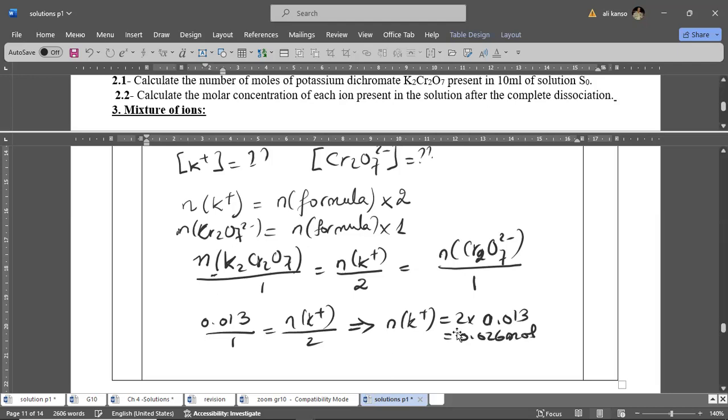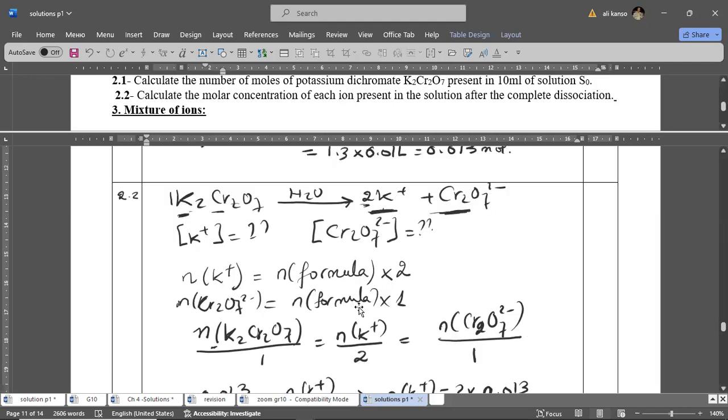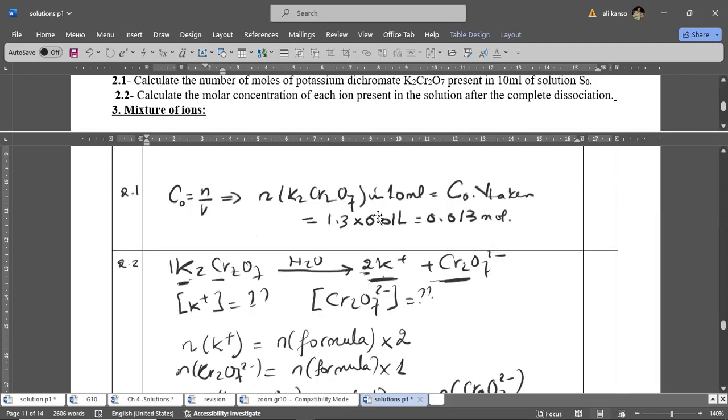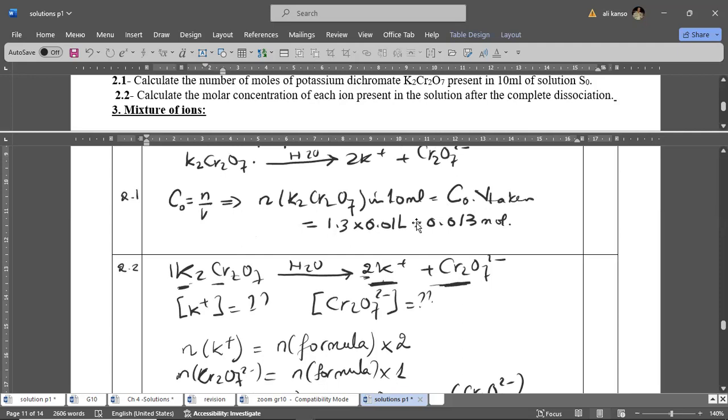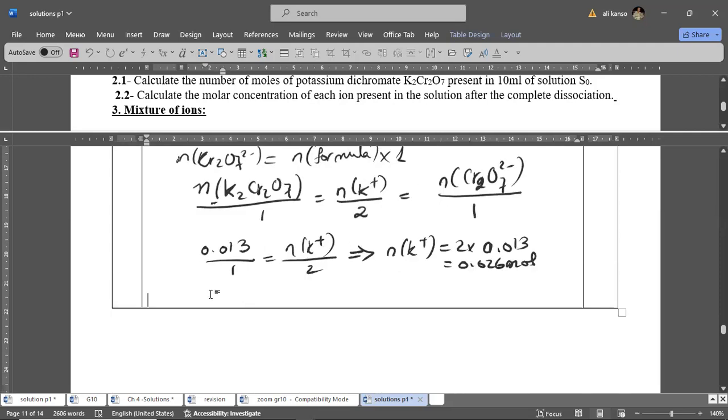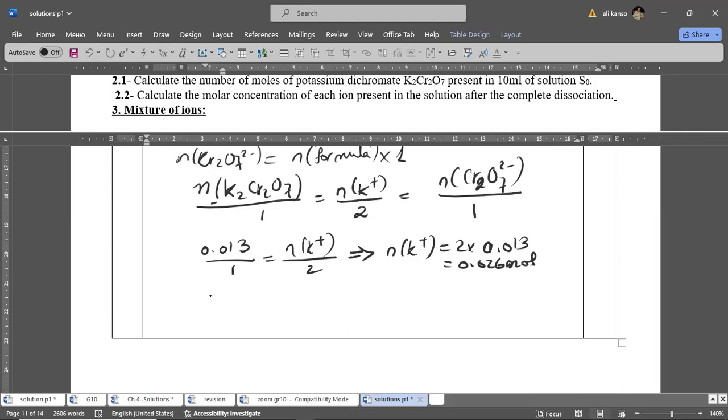Then you have to divide this answer by the 10 milliliter volume. [K+] equals the number of mole of K+ divided by the volume taken, which is 10 milliliter, equal to 0.026 divided by 0.01 liter, we get 2.6 mole per liter.